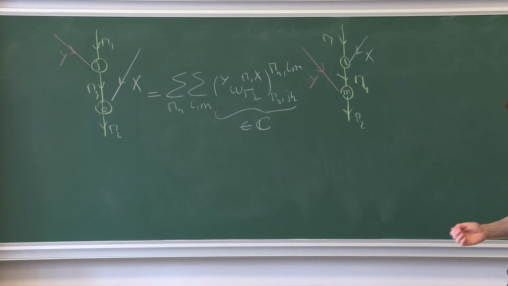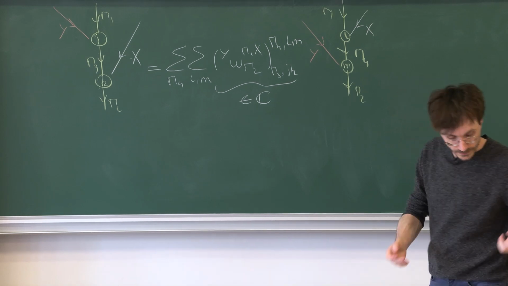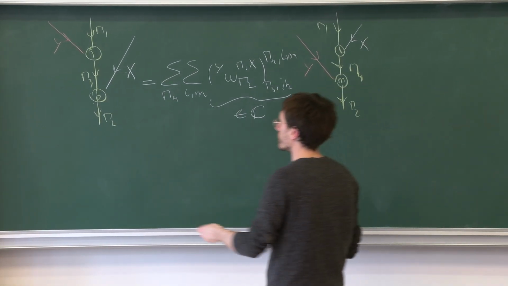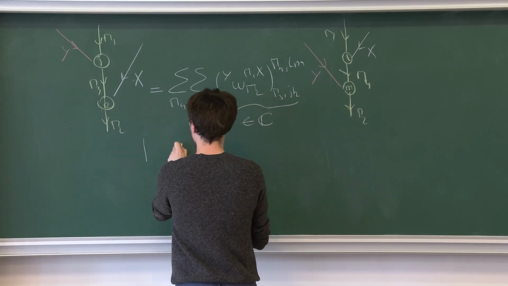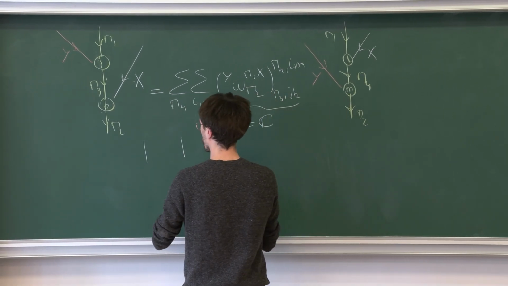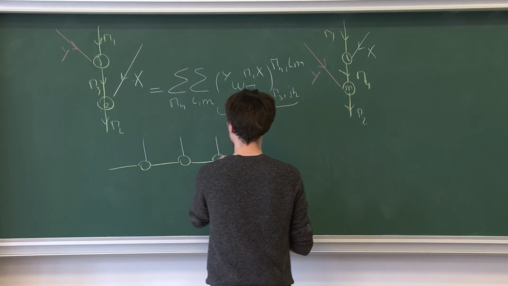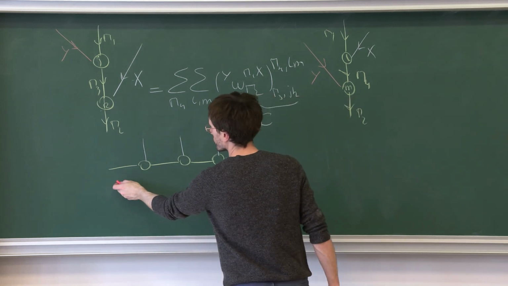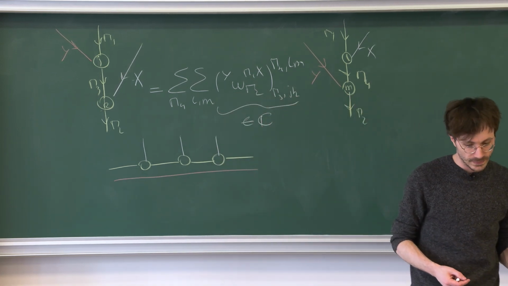So now, how does the action look like? Well, it's very similar to the first thing we did. We have our Hilbert space, which looks like this: we have our X degrees of freedom in C, like this. And now the symmetry line is going to act in the same way as we did initially, from the bottom, like this.